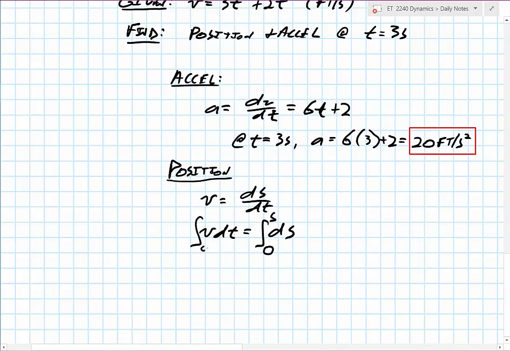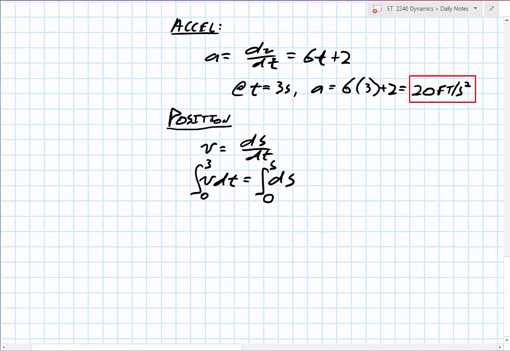And for time, I start at 0 and end up at 3 seconds. If you didn't do that, another way I see people do this is basically an indefinite integral. You can integrate, get a constant of integration, use a boundary condition, say at time equals 0 I know my velocity is equal to 0, and you can go that route as well.